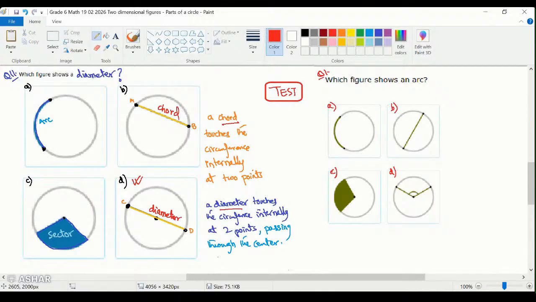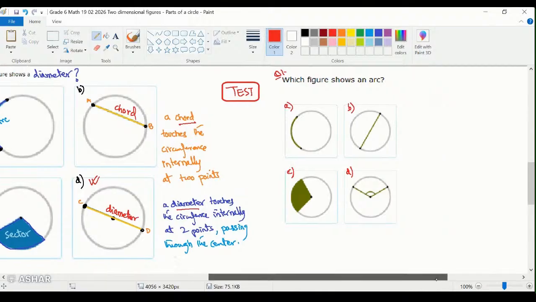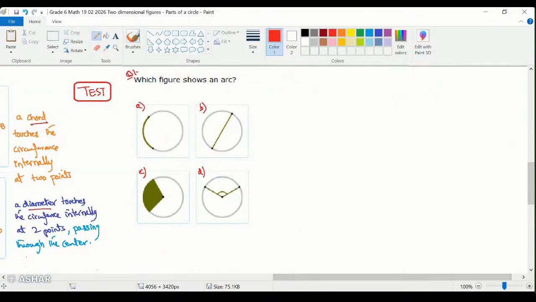So for question number 1, which figure shows an arc? Which of the four figures shows an arc? Can I have question number 1 answer?